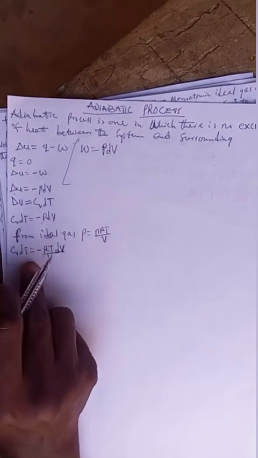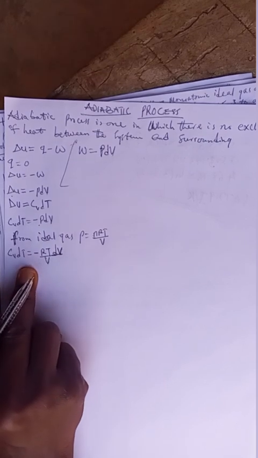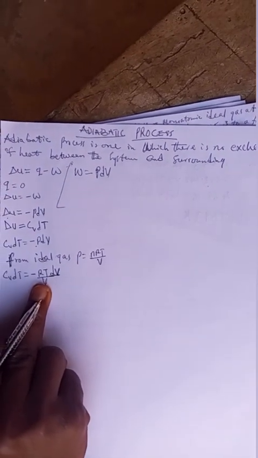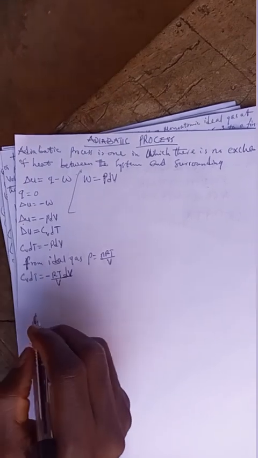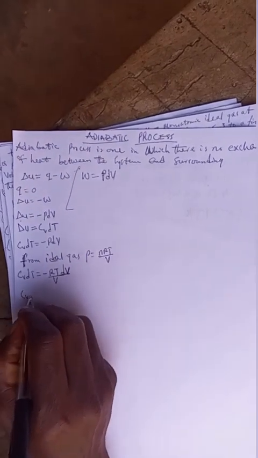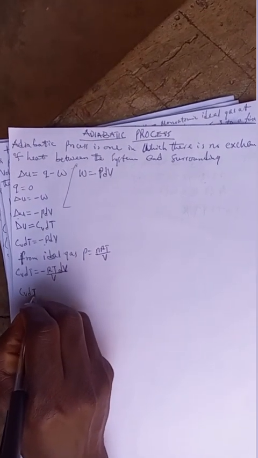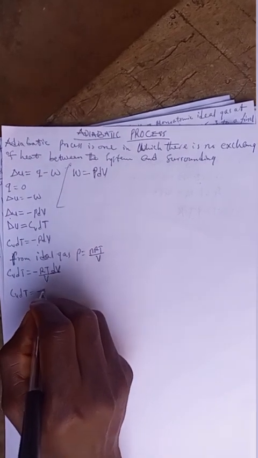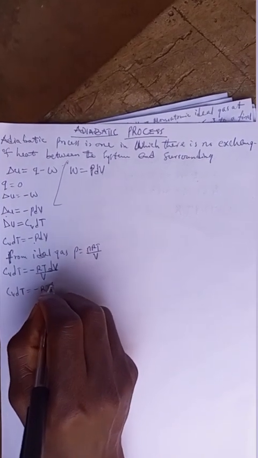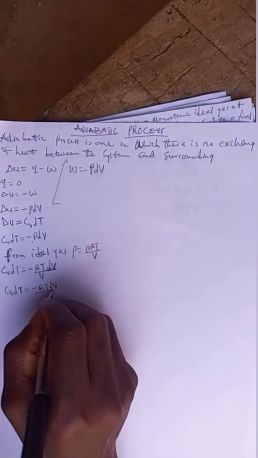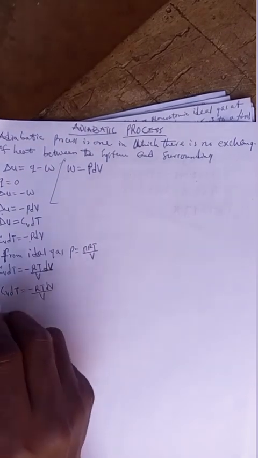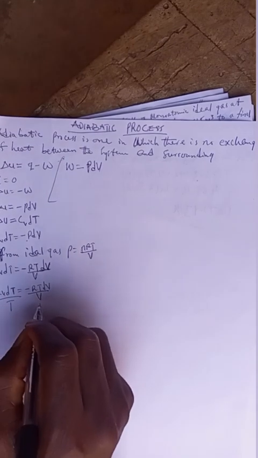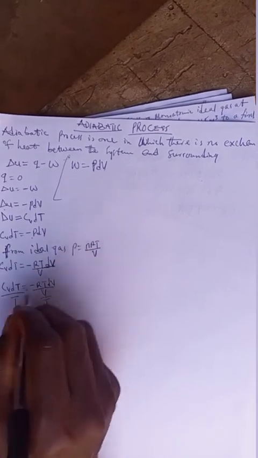Now from here, we can determine the value of what? The value of R. Now, we have to divide both sides by T. CV dT is equal to minus RT dV, everything divided by V. So if you divide these equations by T, then you see that T will cancel here.